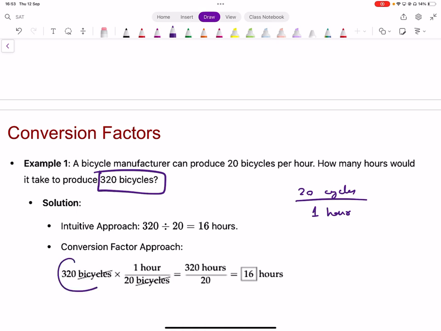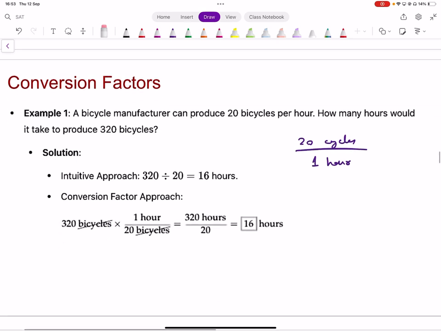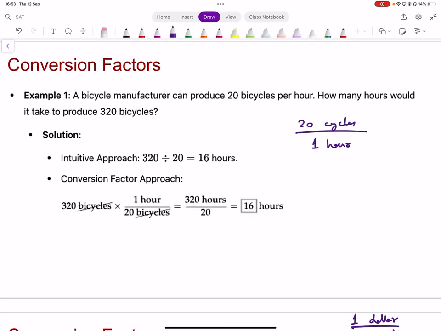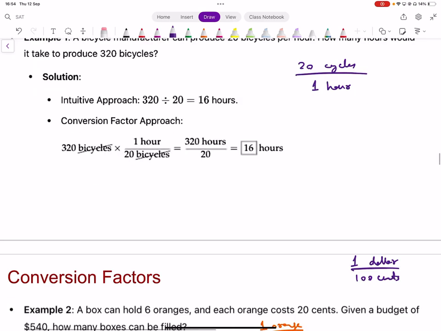So we started from there. So you would have some starting constraint, some kind of budget that you have, or some final output that you want. In this case, that's 320. That's where you start from. And then you write down fractions in such a way that the units keep cancelling out. Is that okay? Is the idea clear to everyone?